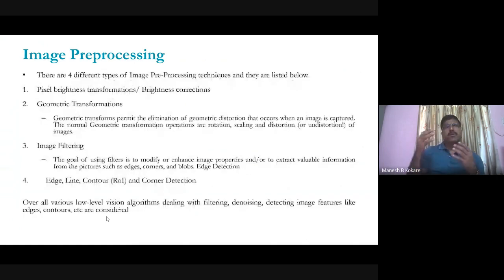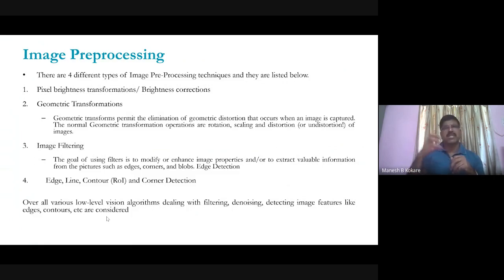There are 4 types of low-level computer vision techniques, or image pre-processing. The first one is pixel brightness transformation, or brightness correction. I gave the example of image enhancement: if you take an image in a dark room, most of the pixels will be on the lower intensity side, and you may not be able to see the image clearly.